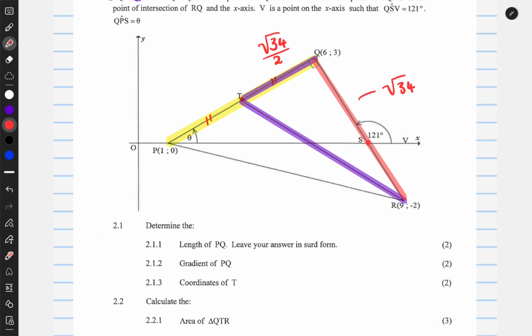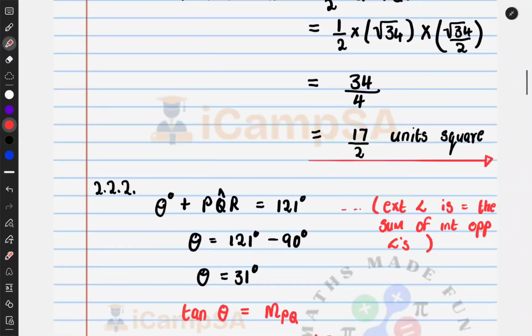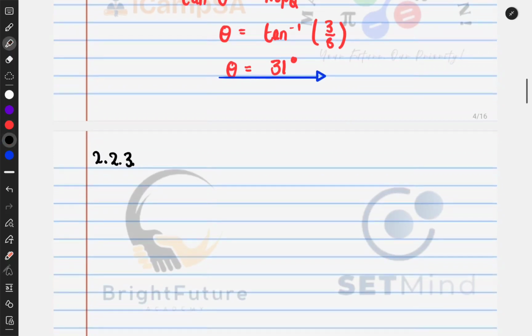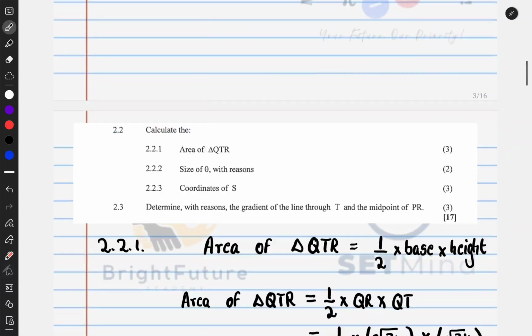First, we start by using the traditional formula for the gradient, which uses the two coordinates of Q and R. The coordinates of Q are 6 and 3, and R is 9 and negative 2. Let me quickly double check. Yes.